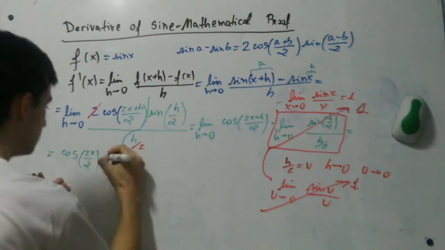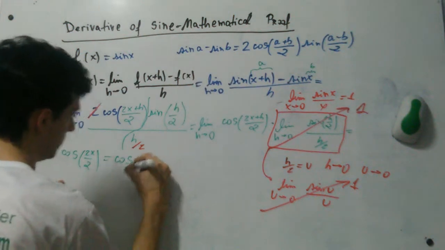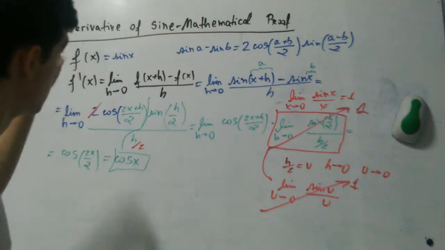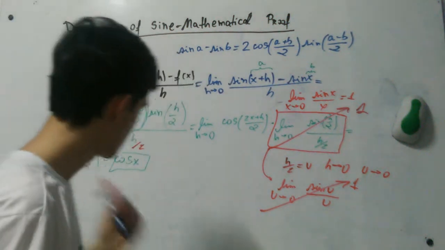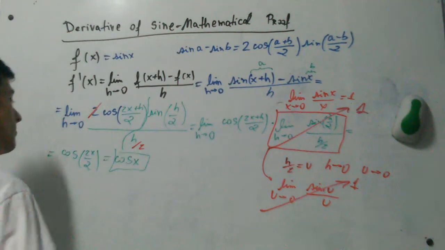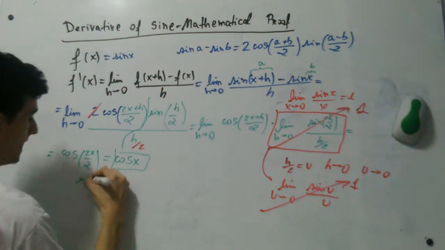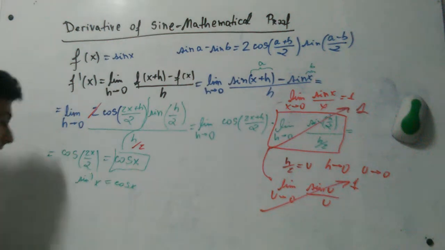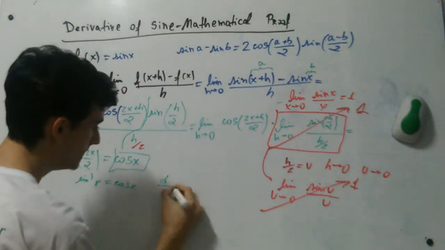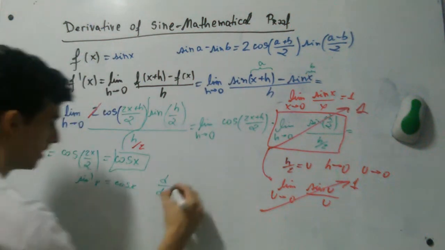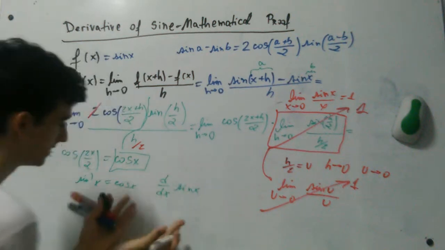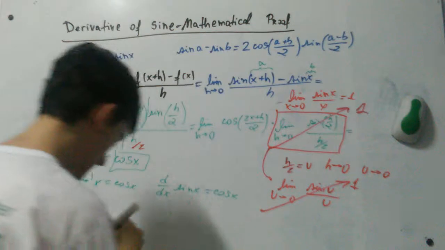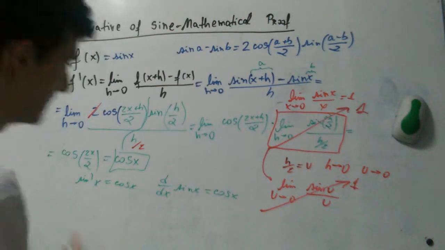And this is exactly cosine of x. And we have just proved that the derivative of sine of x is cosine of x. You can write, if you want, that sine prime of x, the derivative of sine, equals cosine of x. Or d/dx of sine of x is equal to cosine of x. And this is the proof.